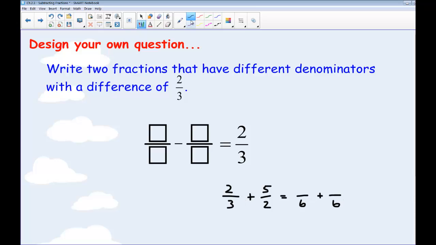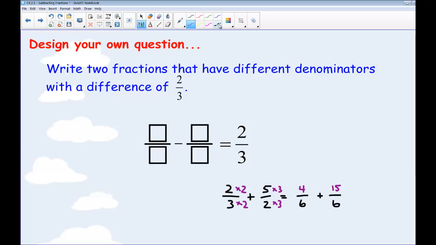So if I multiplied the denominator here by 2, I multiply this one by 2. So this will now be a 4. I multiply this one by 3, and therefore this one by 3. And my numerator becomes 15.